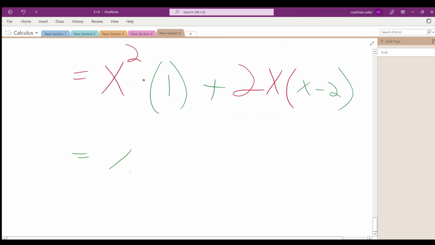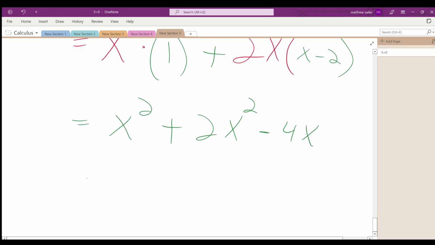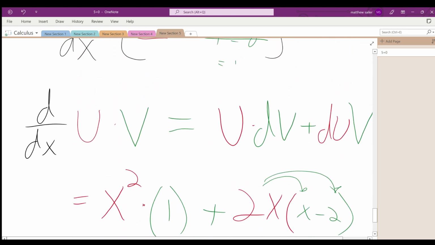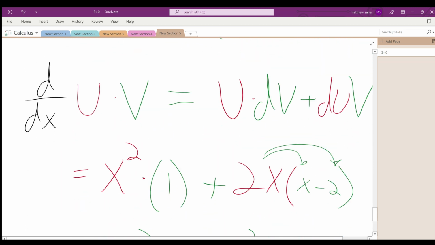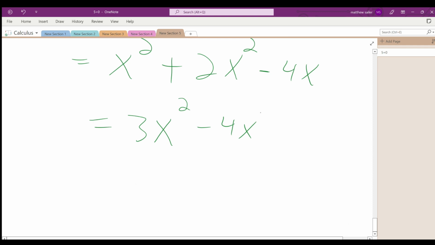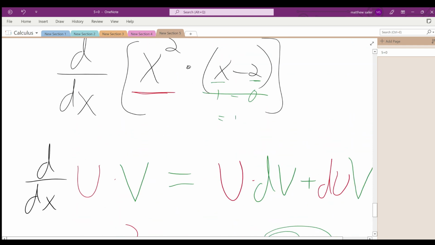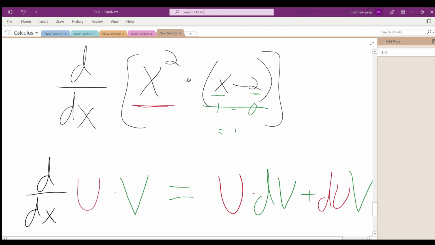So this is going to equal x squared plus, we'll distribute this 2x, 2x squared minus 4x. And this is going to equal 3x squared minus 4x. And that is the answer. So that is the derivative of x squared times x minus 2.